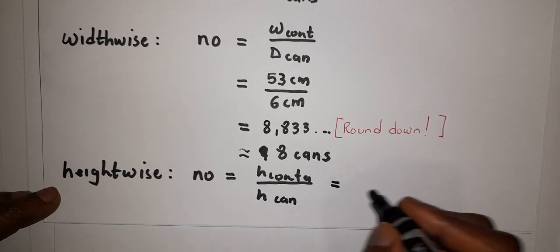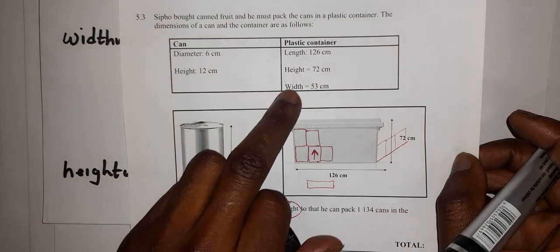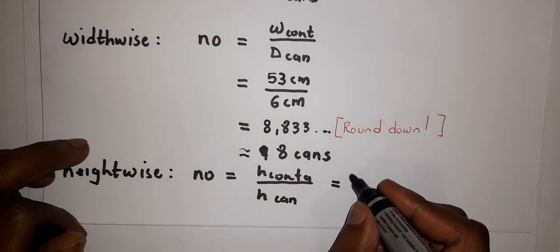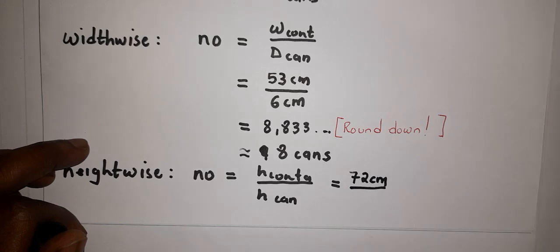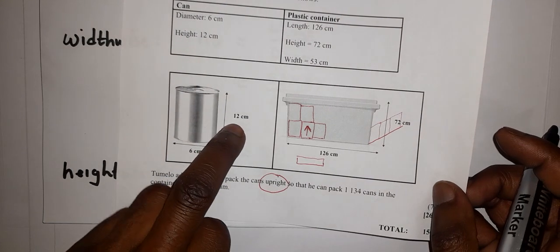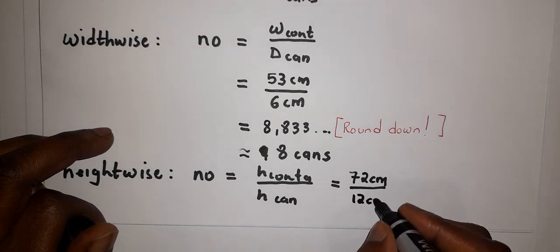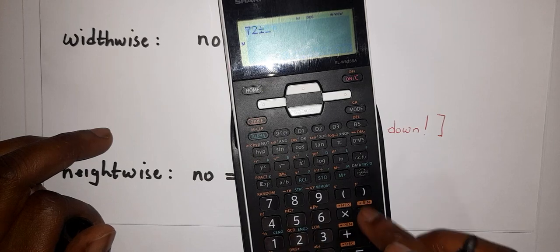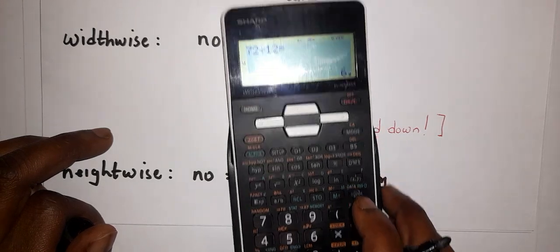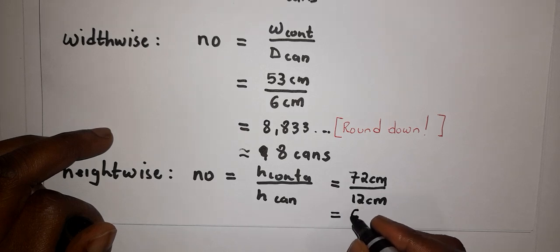The height of the container is given to us as 72 centimeters, divided by the height of the can, which is 12 centimeters. Then you will have 72 divided by 12, which gives you exactly 6. So this gives us exactly 6 cans.